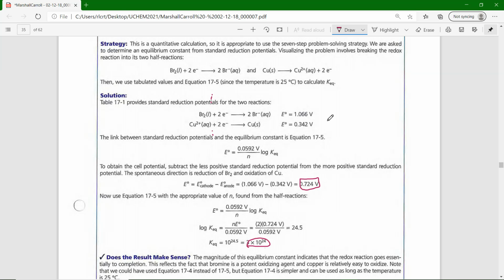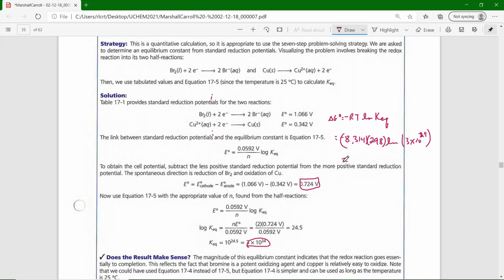If I want to get delta G naught, it's minus RT ln of KEQ. So minus 8.314 times 298 times the natural log of this big number here, 3 times 10 to the 24. The question didn't ask for this, but I'm putting it in anyways.